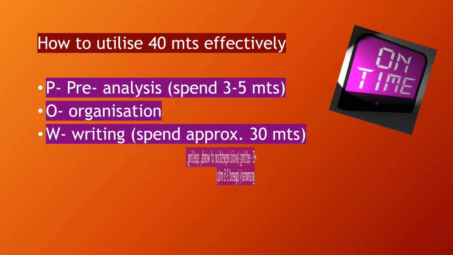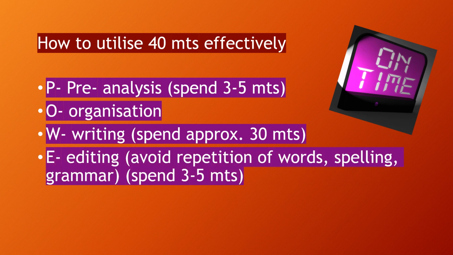Moving on to the writing, you should spend approximately 30 minutes. And again, after you finish the writing, you need to spend 3 to 5 minutes on editing. Check that you're using different synonyms and you're not avoiding important words. Check your spellings and grammar and do the final review.